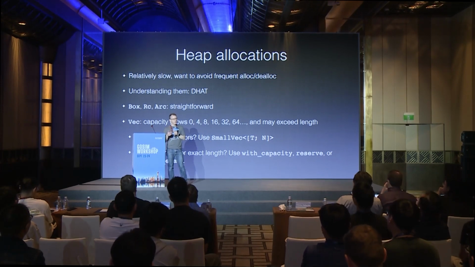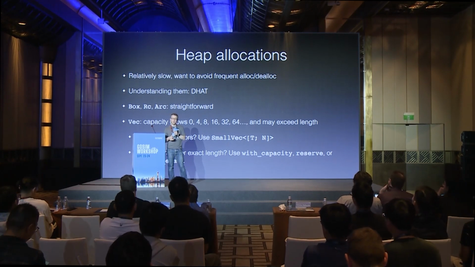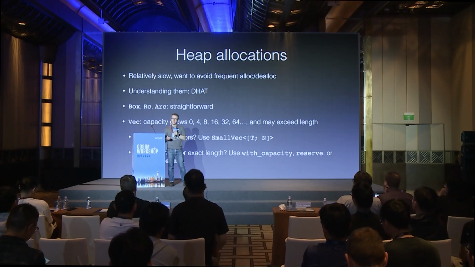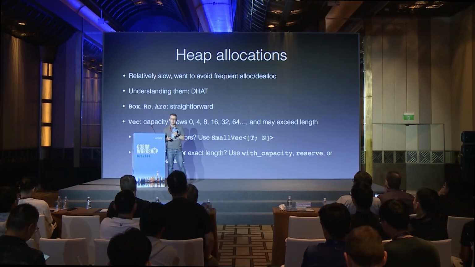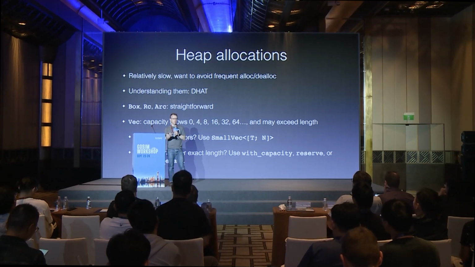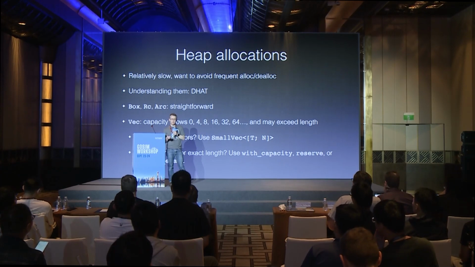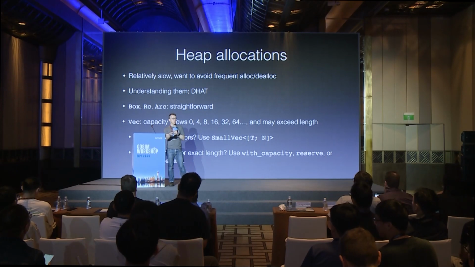And then you need to understand where in Rust code allocations happen. There are some straightforward cases like Box, Rc, and Arc that all involve allocating a single value on the heap. Then the next obvious case, and a very important one, is Vec, which is when you're allocating multiple elements on the heap.